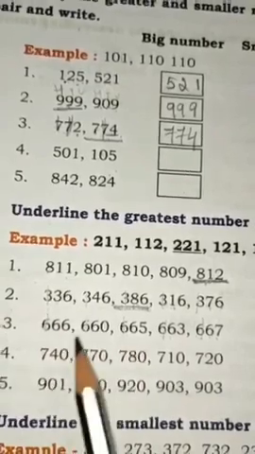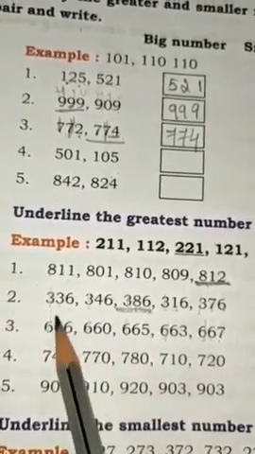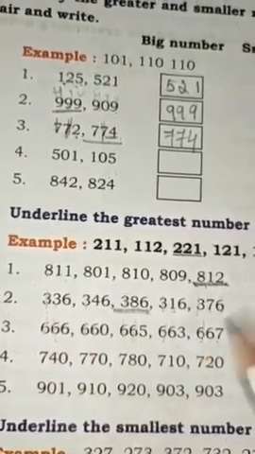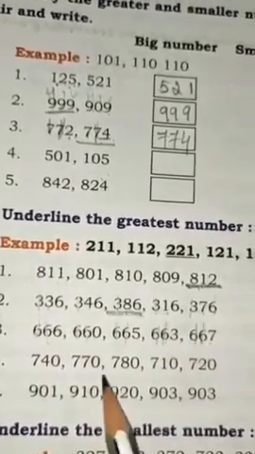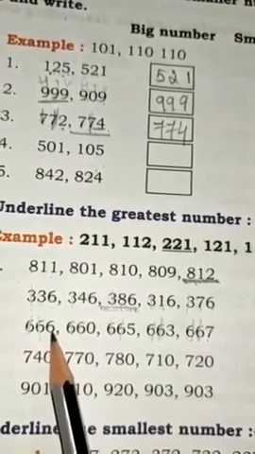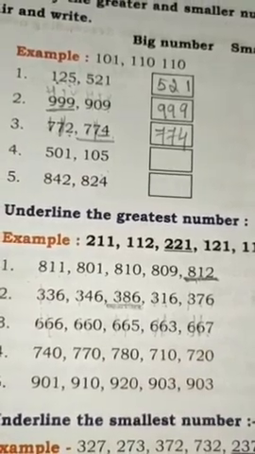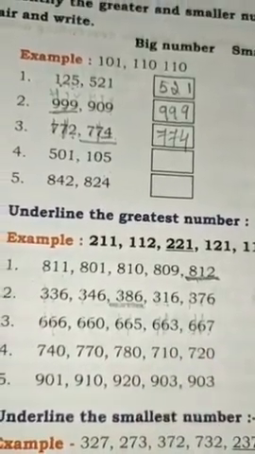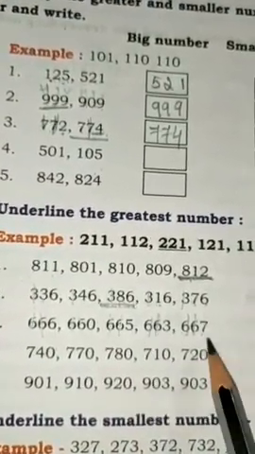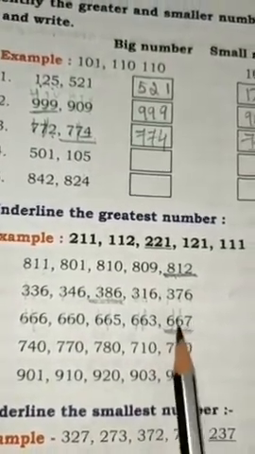Now come to the 10th place. 6, 6, 6, 6, 6. So cancel the 10th place also. Next, come to the unit place. Whichever digits are there in the unit place, you have to compare those digits. 6, 0, 5, 3, 7. Which is the greatest one here? 7 is the greatest. So 667 is the greatest number.